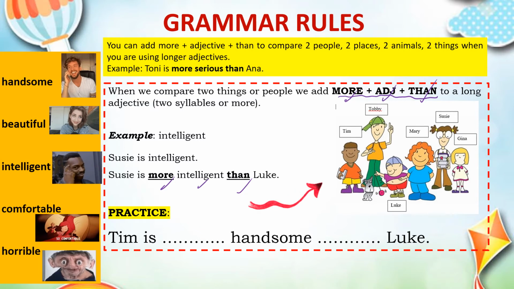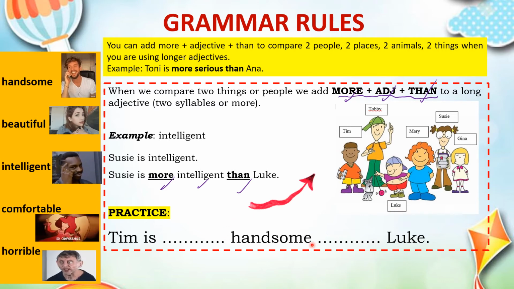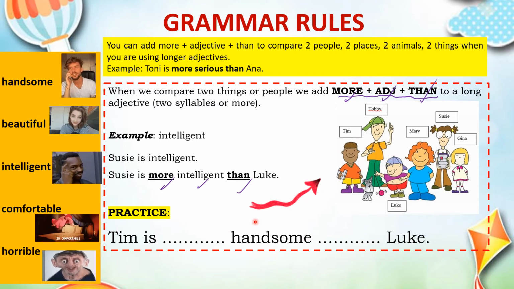Okay, let's practice. Let's complete this sentence. Teen, where is teen? Over here. We are going to compare teen with Luke. And we are using the adjective handsome. So I'm going to say what I have to add before the adjective.